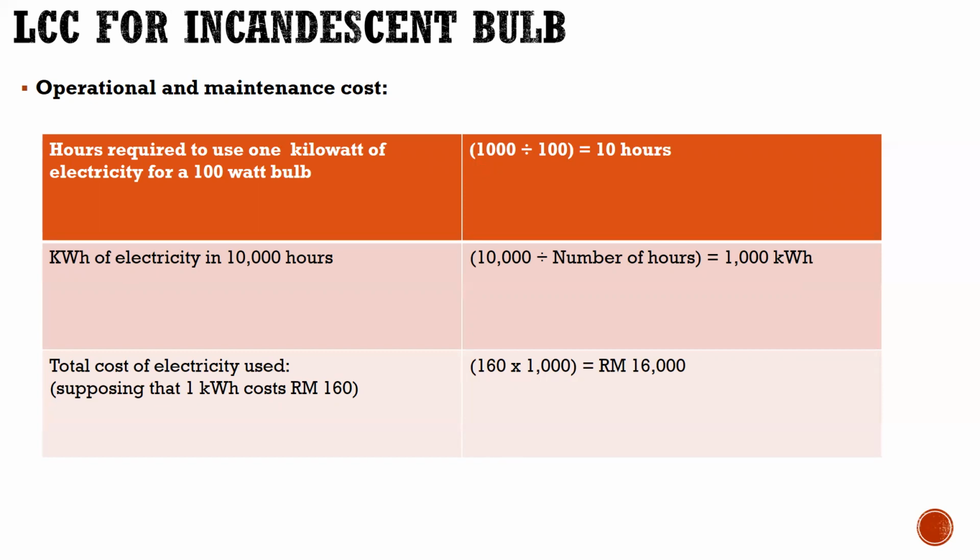Then the kilowatts of electricity in 10,000 hours will be what? 10,000 hours divided by the number of hours will give you 1,000 kilowatt. Total cost of electricity used: supposing that 1 kilowatt will cost 160 Malaysian ringgit, 160 times 10,000 will give you what? 16,000 Malaysian ringgit. And this 16,000 Malaysian ringgit is the total cost of operation and maintenance of the incandescent bulb.